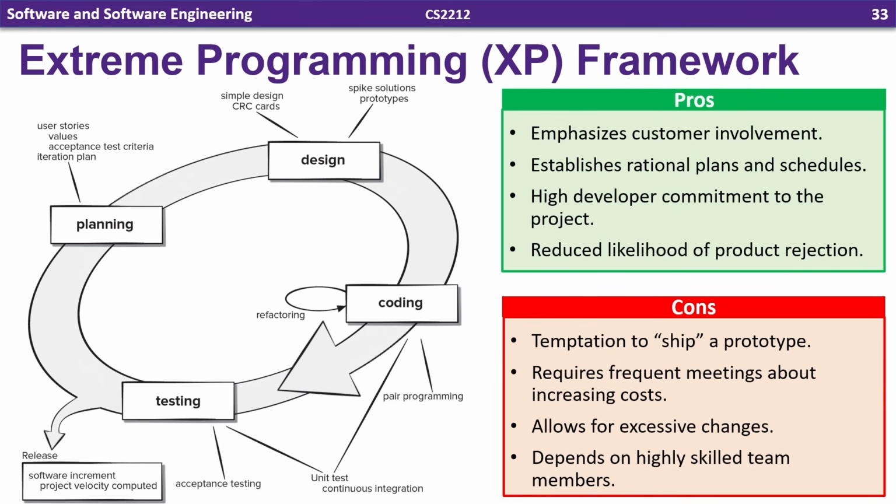It also reduces the likelihood of product rejection. The cons are, just like with other prototype processes, there's that temptation to ship a prototype. It requires frequent meetings, increasing costs, allows for excessive changes, and depends on a highly skilled team of members.